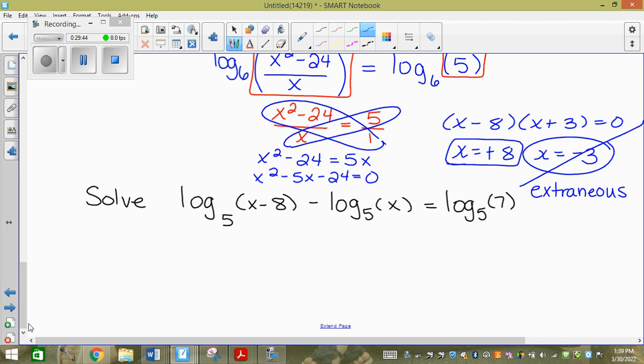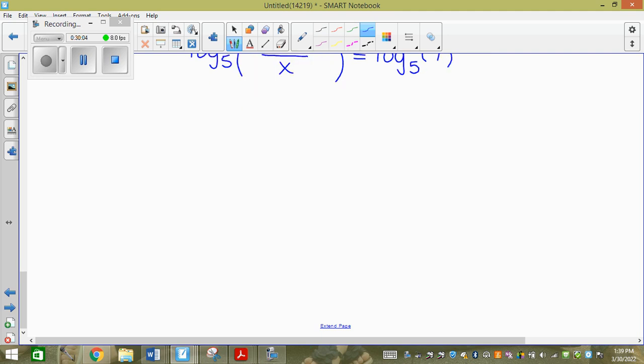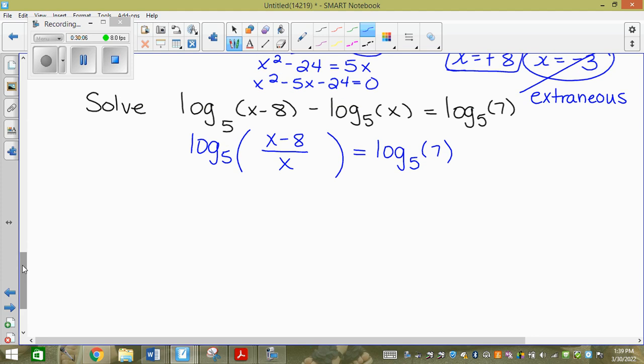Okay. Next one. We get log base 5 of x minus 8 over x equals log base 5 of 7. Okay? Log base 5 of something equals log base 5 of something. And this one is a really nice one because it doesn't get you a quadratic.